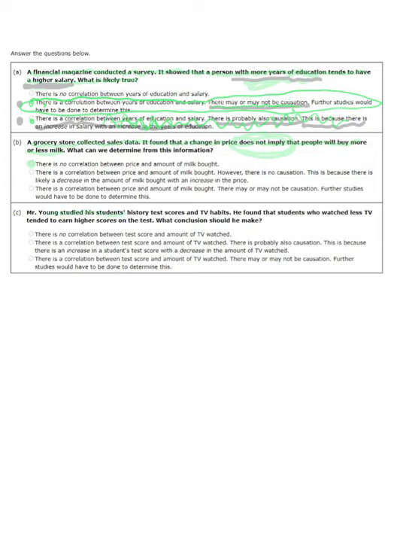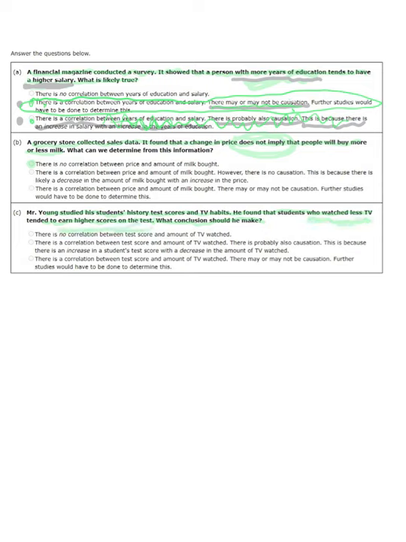He studied his students' history test scores and TV habits. He found that students who watched less TV seemed to earn higher scores on the test. What conclusions should he make? Okay, so in this case, we have students who watch, the less TV you watch, the higher score on the test, okay?